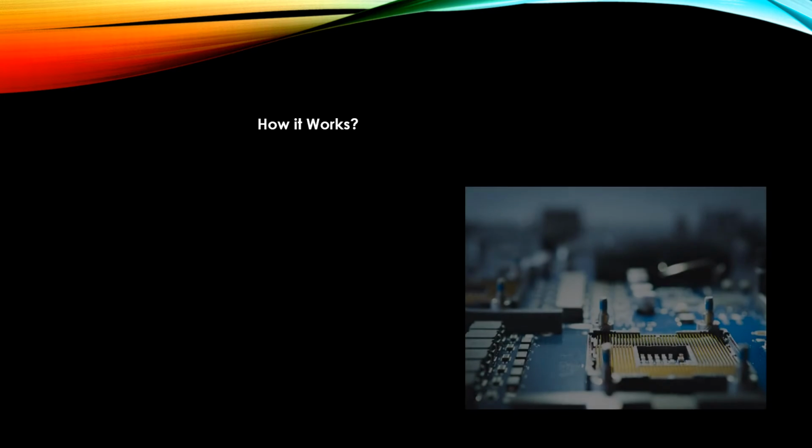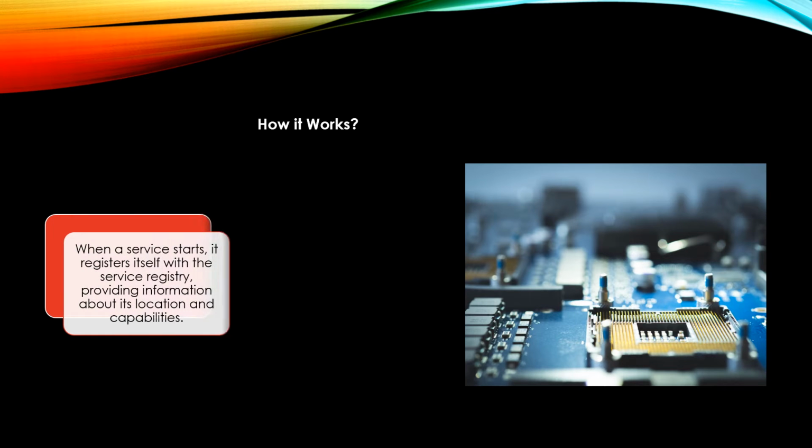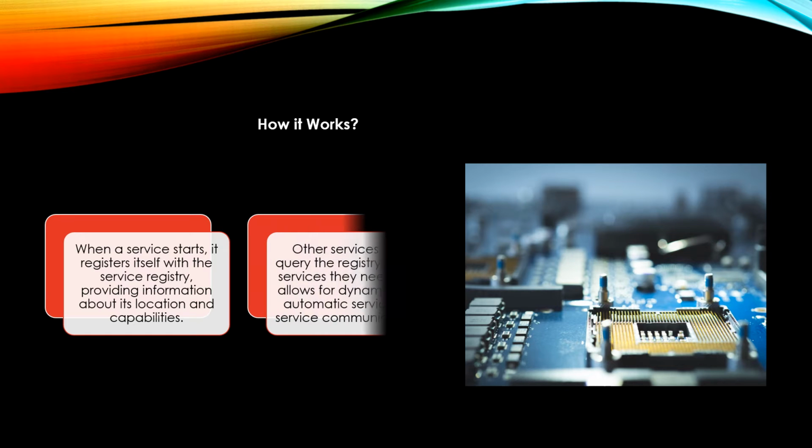Now the next question comes, how does it work? So when a service starts, it registers itself with the service registry, providing information about its location and capabilities. Other services can query the registry to find the services they need. This allows for dynamic and automatic service-to-service communication.